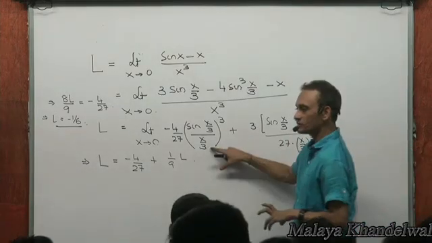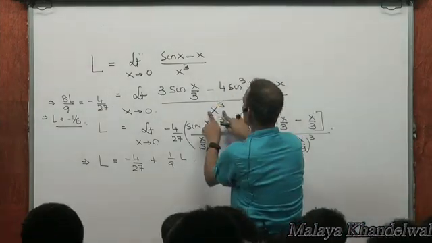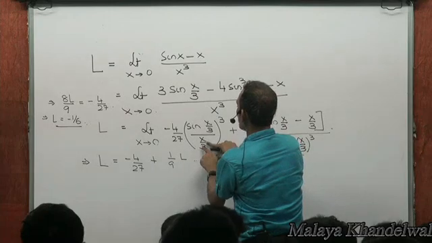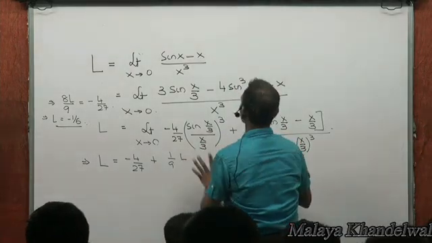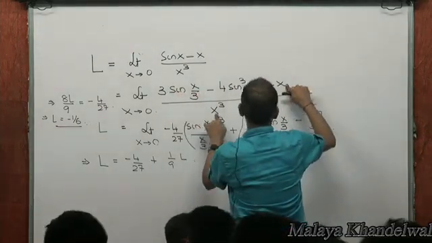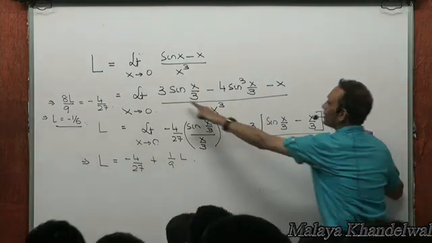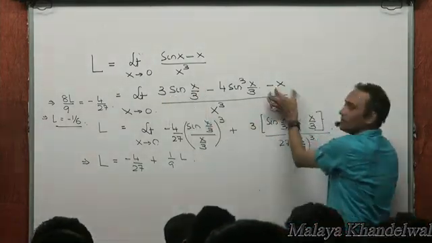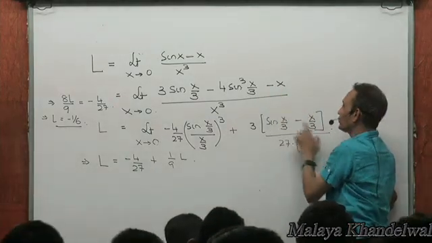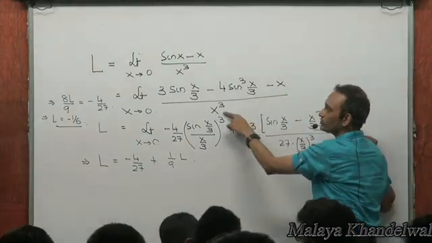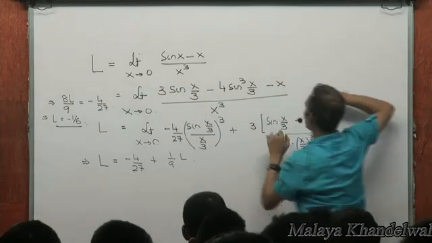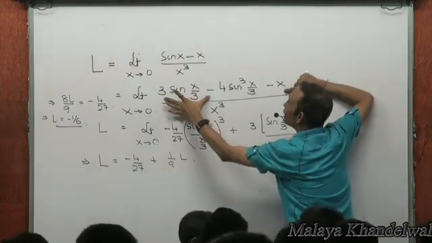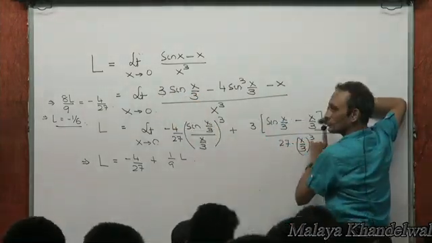How did I get this? This divided by this: x cubed, but I wrote it as x by 3 whole cubed. And this minus this divided by this: I took 3 common from these two terms. Sin x by 3 minus x by 3, by x cubed. These two clubbed together as this term, and from these two I took 3 common.